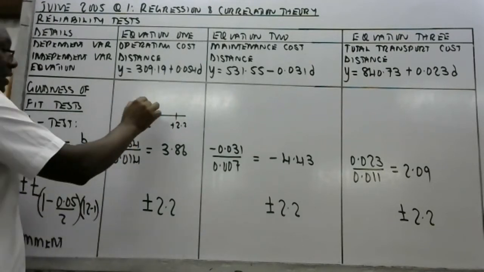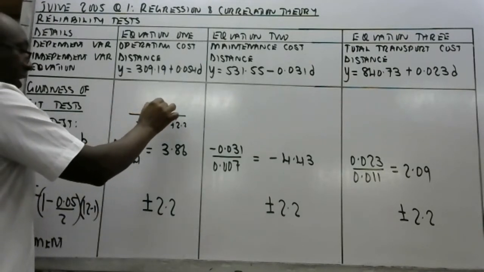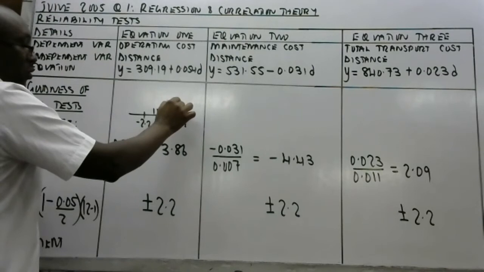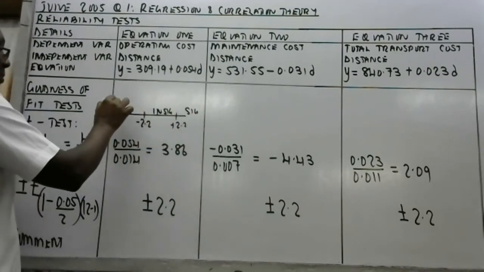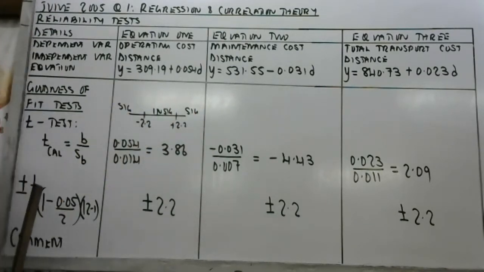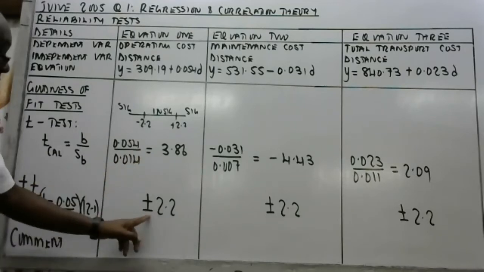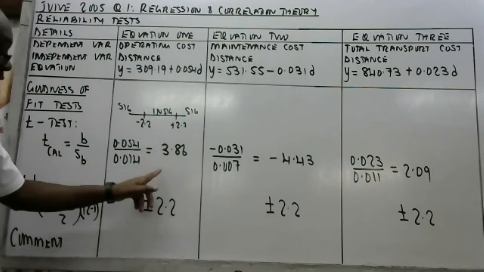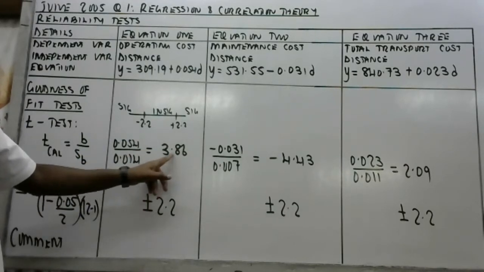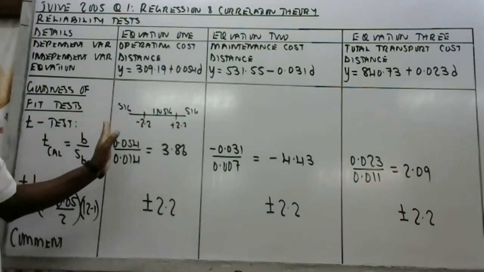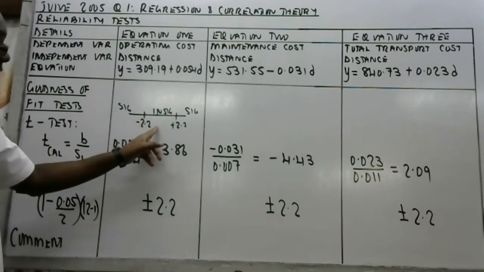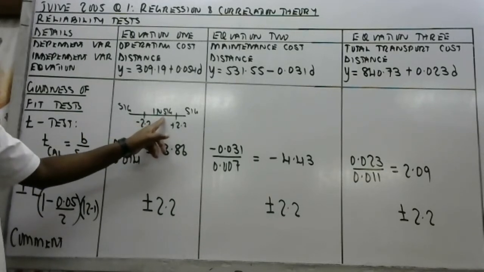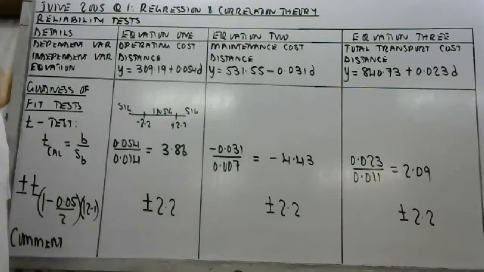If you are inside here, we say it is insignificant. But if you are here, we say significant, or here, significant. These ones, we have the minus and we have the positive. So now you will be looking at where this one is. If it is on the lower side it is significant. If in the middle it is insignificant. If it is outside up here, it is significant.